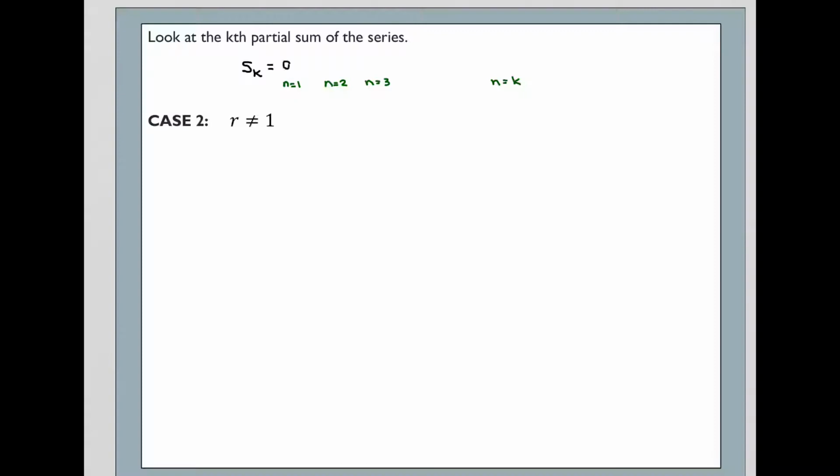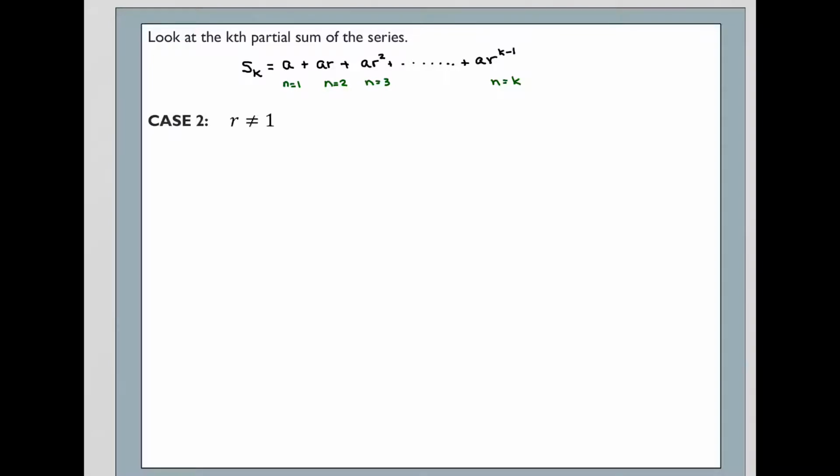If it's a geometric series, that first term is a, the second one is a times r, the third term is a times r squared, all the way until we get to a times r to the k minus 1. All right, good. Now we're in the case where r does not equal 1.